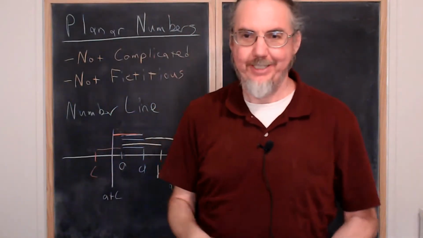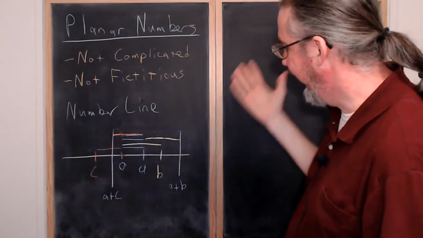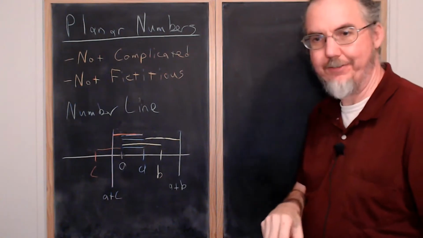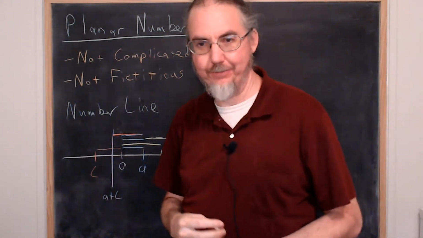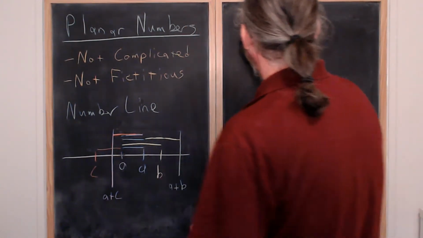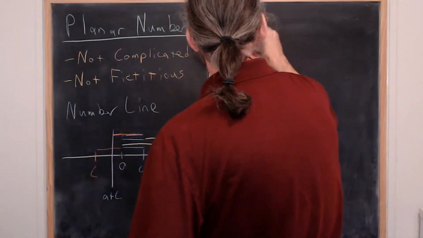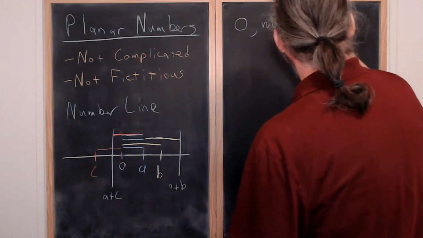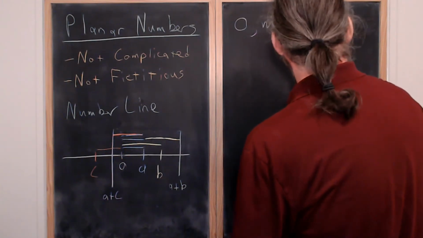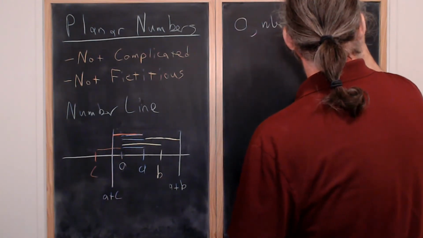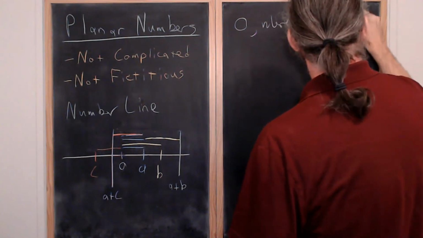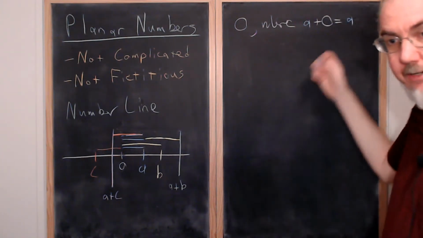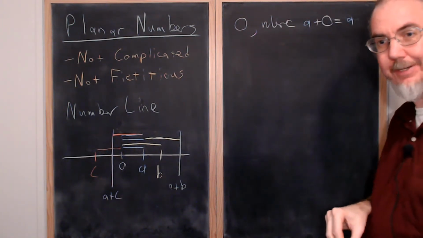Now that we have a definition for addition, it's useful to verify that these definitions have certain useful properties. The first property is that we have a 0 where A plus 0 equals A. For any value, if we add 0, we get right back where we started.